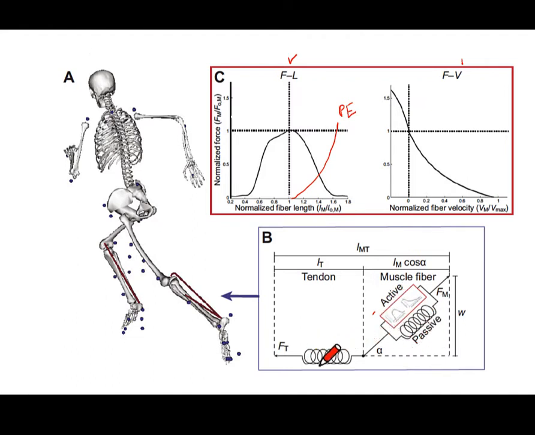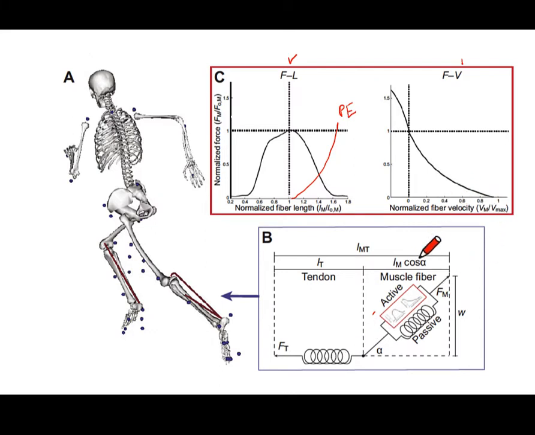And then there's also the tendon effect that's in series with this whole unit. So essentially, as I jump up and down or push, there's some stretch in the tendon and recoil in response to this active and passive element interaction. So when we think about muscle, we have to think about its capacity in terms of what's happening with active and passive elements, and then also what's happening in the tendon.